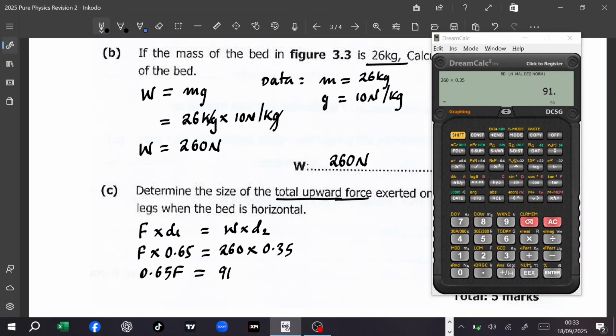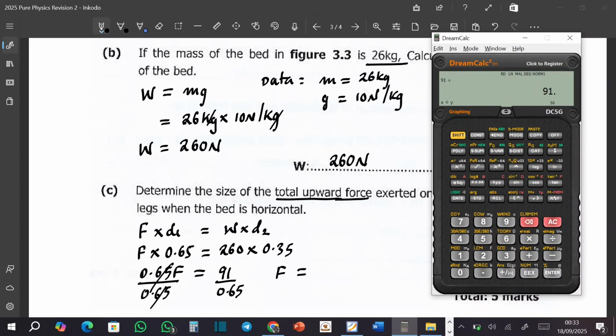To get f, we'll divide by 0.65, on both sides, so we remain with f is equal to 91 divided by 0.65.